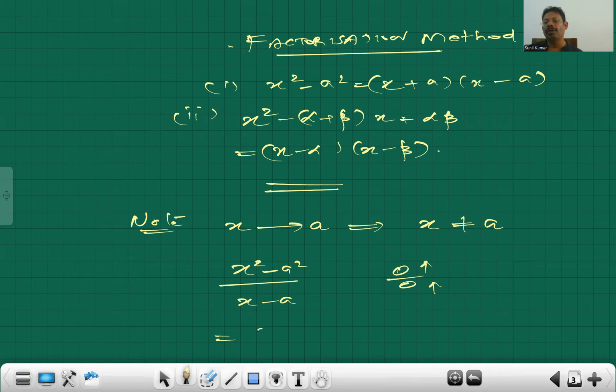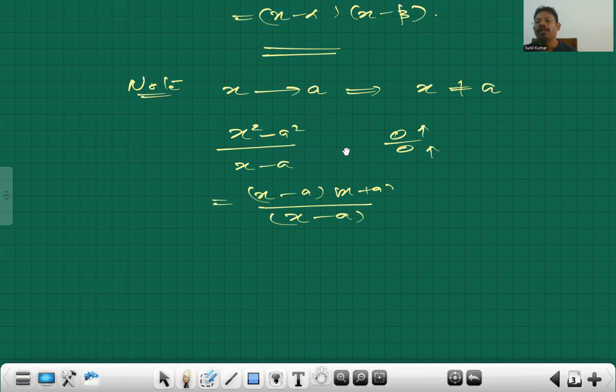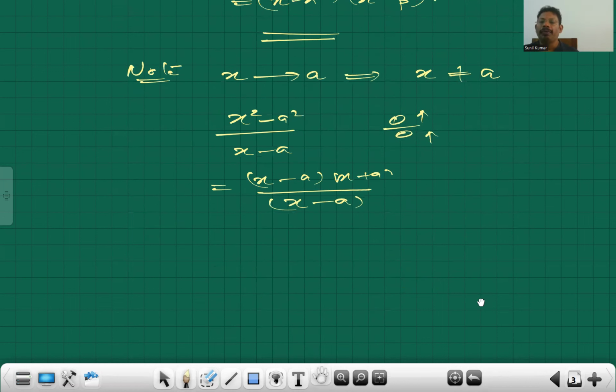In this situation, we factorize x square minus a square as x minus a into x plus a. Here also, x minus a is coming in the denominator. You can check it. In numerator and denominator, one term is there, x minus a, and that will get cancelled.